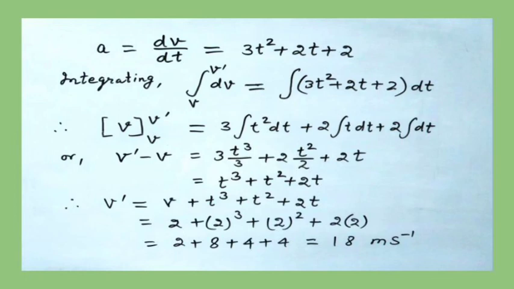Therefore, v dash minus v is equal to t cube plus t square plus 2t, or v dash is equal to v plus t cube plus t square plus 2t. Substituting values of v and t, we get v dash is equal to 18 meter per second. So at the end of 2 seconds, the velocity of the particle is 18 meter per second.